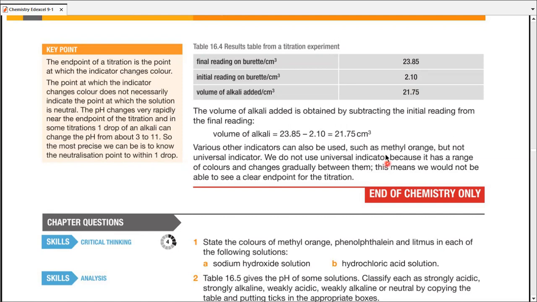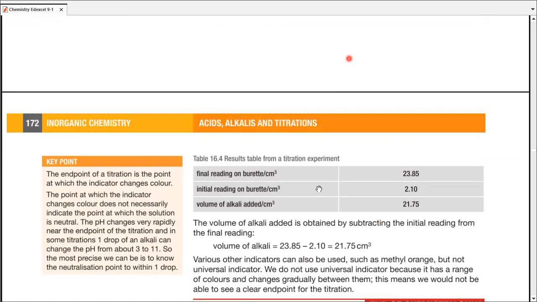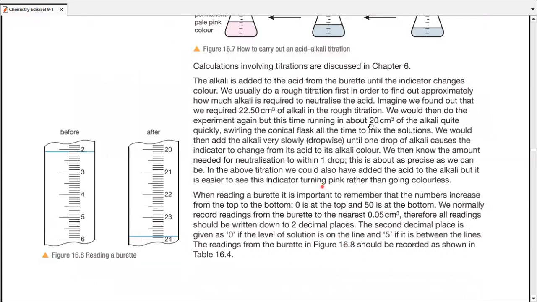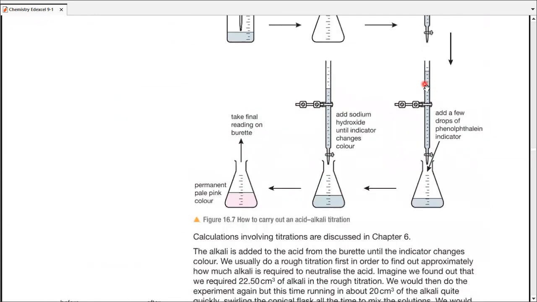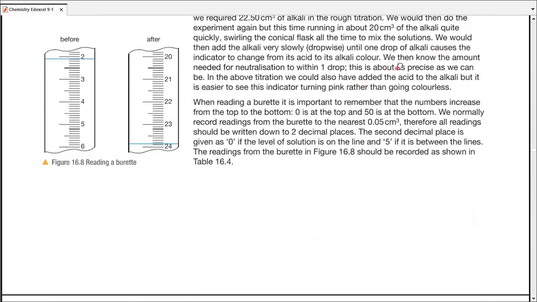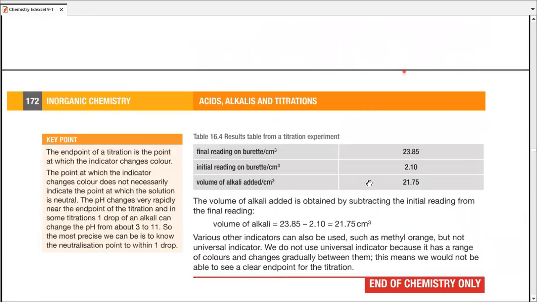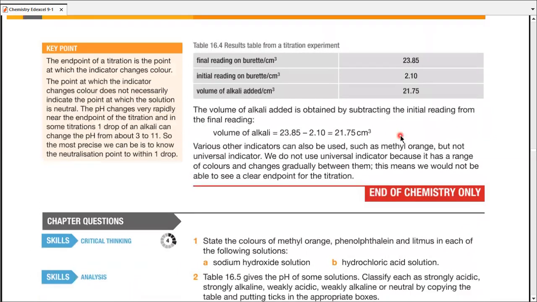If you accidentally would have used a little bit of extra alkali from this burette, it might have turned from orange to yellow. So at first it was red. If you do it correctly, it would turn to orange. If you do it incorrectly, it might turn to yellow, giving you the idea that you have used a little bit of excess of your alkali.